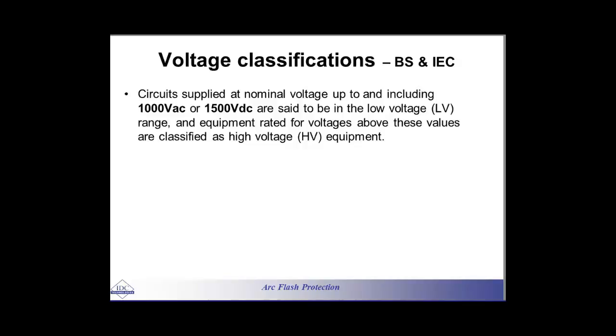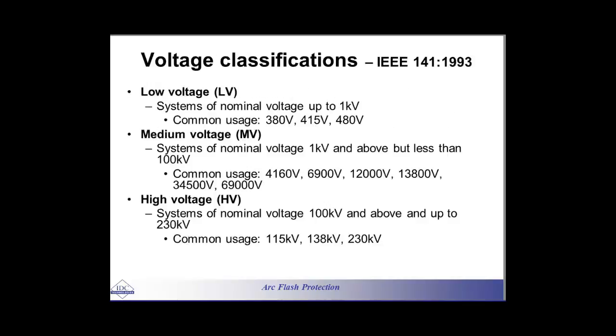If you're talking about DC, the margin is 1.5 kilovolts. So anything below 1 kilovolt for AC, or below 1500 volts for DC, is what we call the LV system. Other than that, this is what we call the HV system. So this is the definition as per the British and European standards.